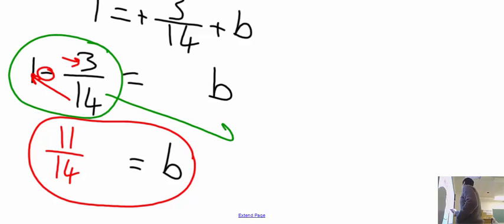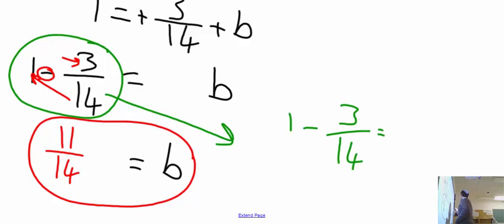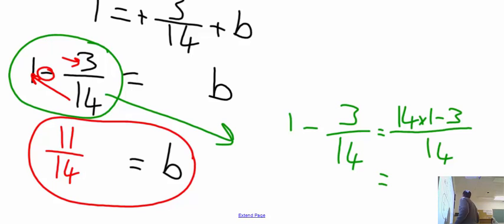What I did here was 1 minus 3 divided by 14 is 14 times 1 minus 3, divided by 14. And that is 14 minus 3, 11 divided by 14.